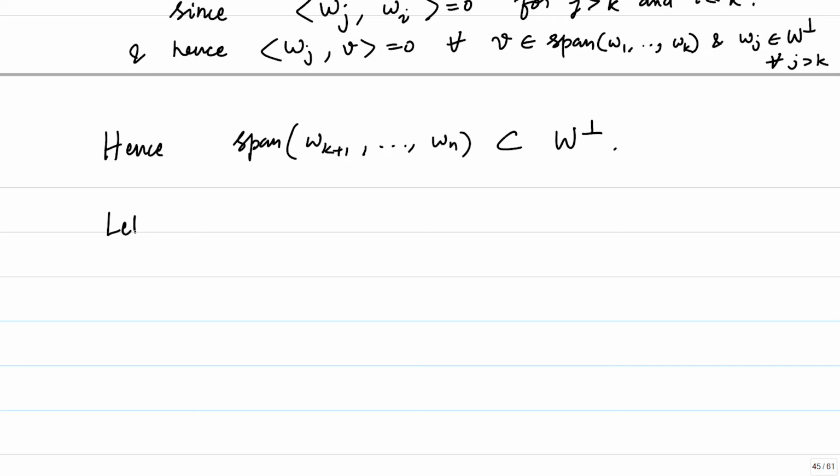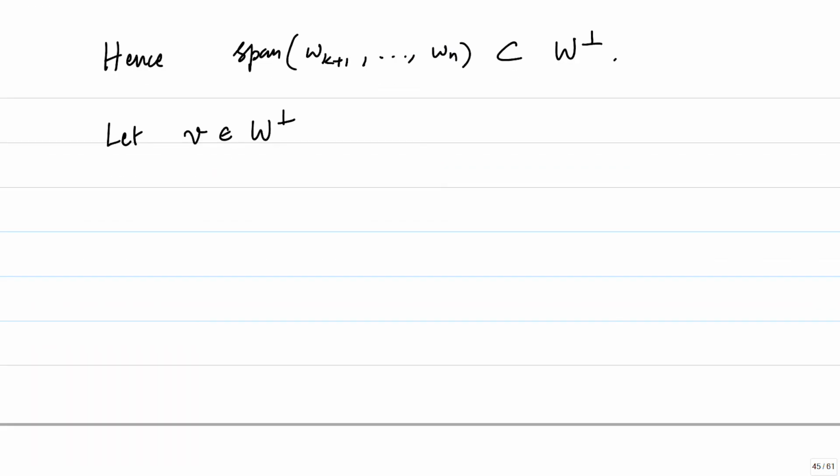So, let V be a vector in the orthogonal complement of W. We would like to show that this is in the span of Wk plus 1 to Wn. So, what do we know about writing down a vector v as a linear combination of vectors in an orthonormal basis? We know the explicit formula. Recall that W1 to Wn is an orthonormal basis.